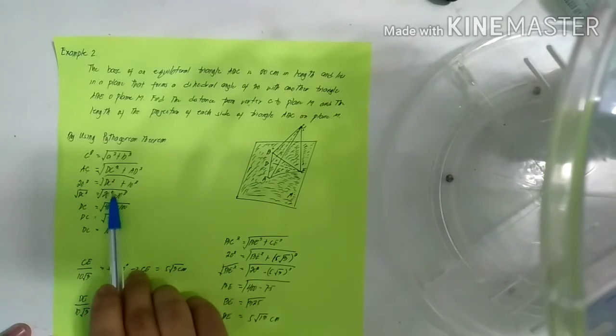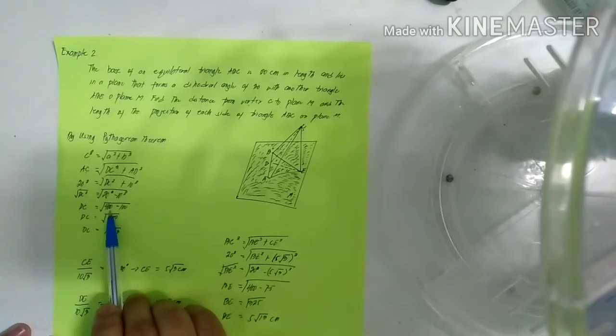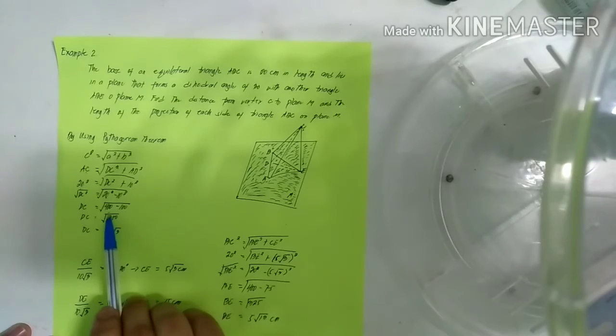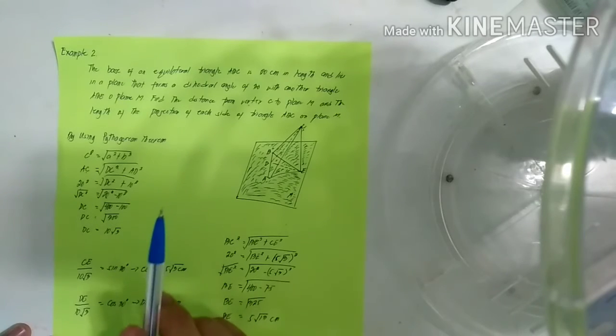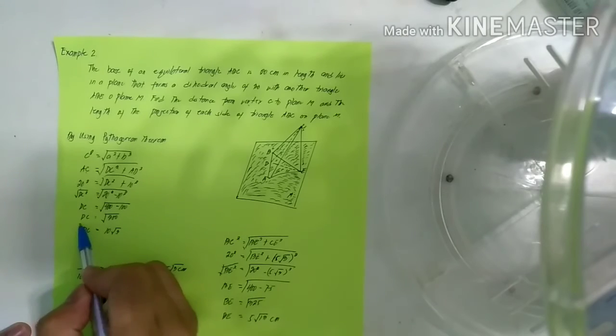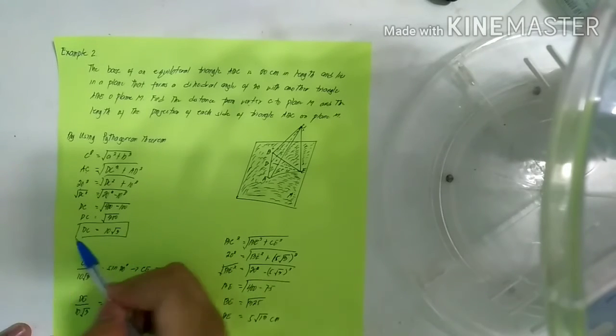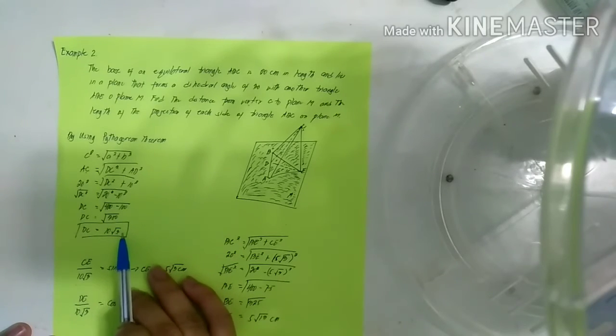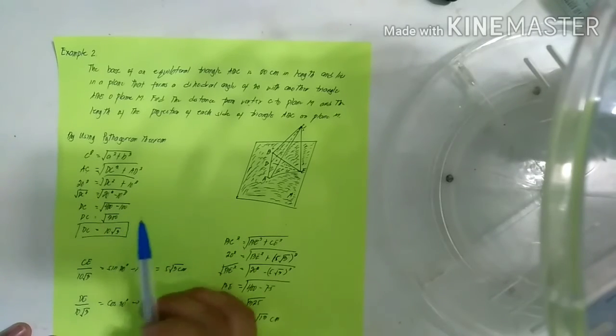So 20 squared, that is 400, and also the 10 squared, that is 100. So we have to subtract 400 minus 100, that is 300. So the square root of 300, that is 10 square root of 3. So this is our hypotenuse.